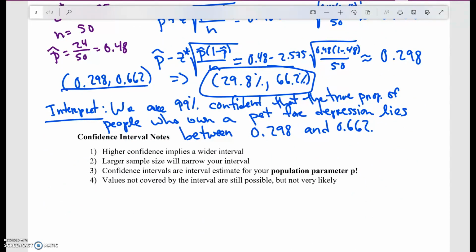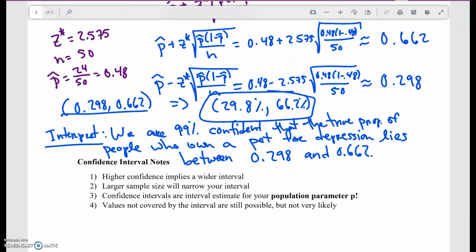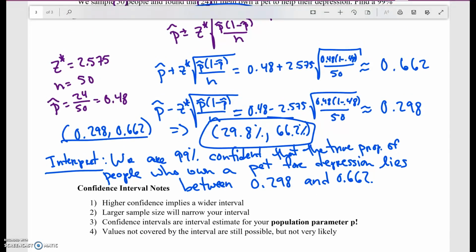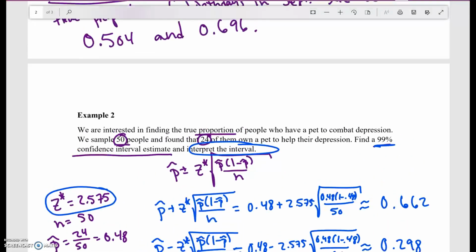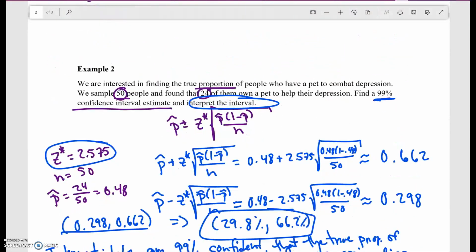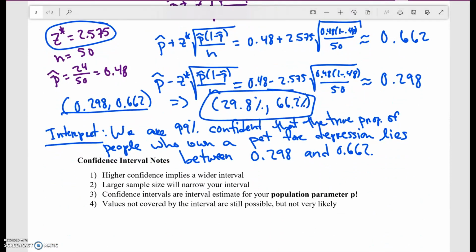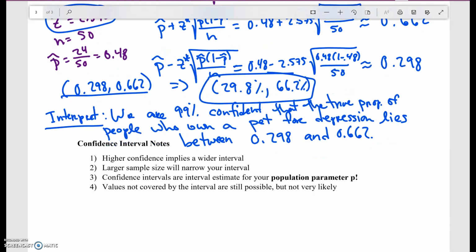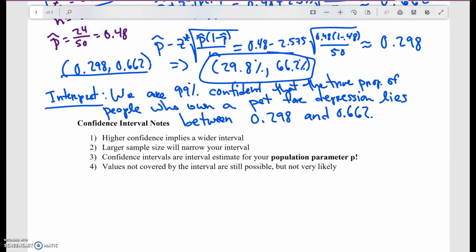And that makes sense, right? Because our z value is much larger. Our multiplier, this z, is much higher than our 1.96, which made it wider. The range of values is still accurate, you just have more range of values to choose from. So it's not very helpful.